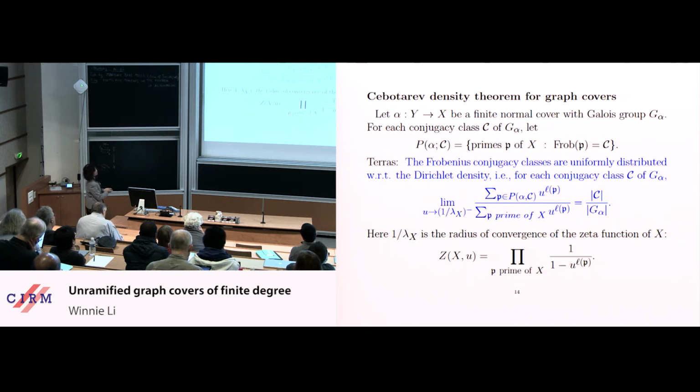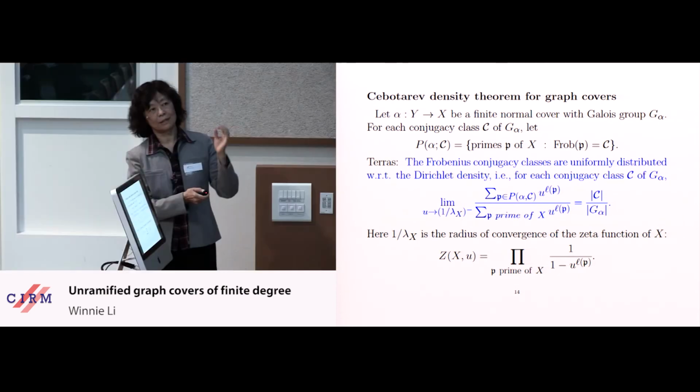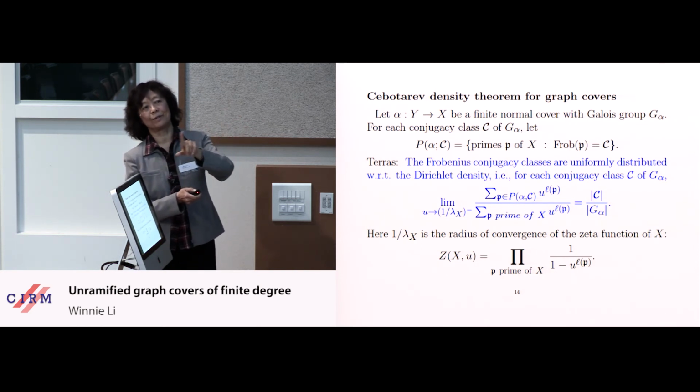The radius of convergence is 1 over lambda X, where lambda X is some number greater than 1. If the graph is q plus 1 regular, then lambda is equal to q. Also, 1 over lambda X is the first pole of this zeta function, the pole closest to the origin, u equal to 0.